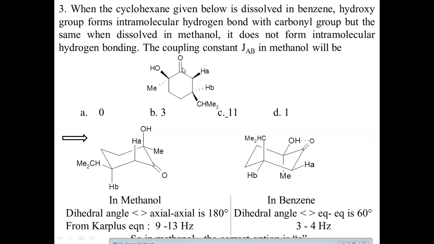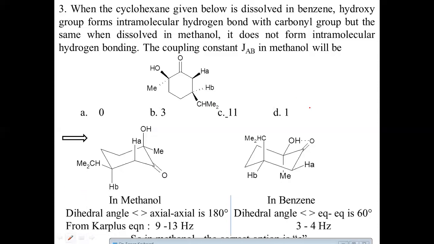So they have given you certain conditions that in one solvent it forms hydrogen bonding, the other one it doesn't. So here you have to write the different conformations that are possible. So since in benzene hydrogen bonding is possible, this can be the geometry that will be adopted by this.